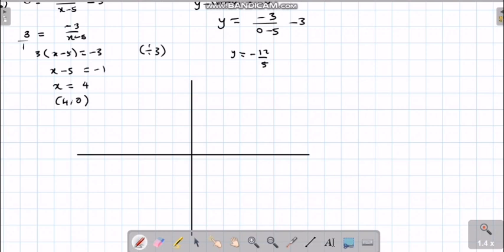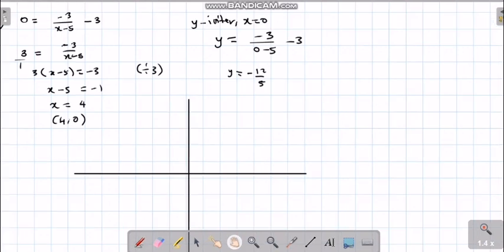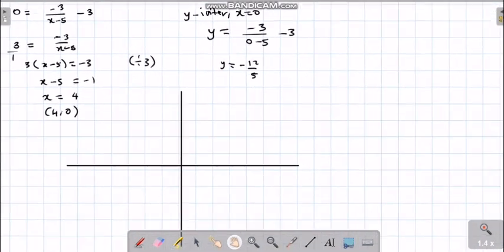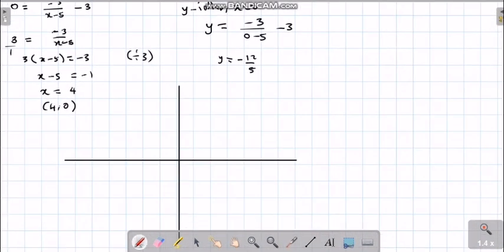So we have our asymptotes. Our asymptotes now: x is equal to 5 and y is equal to -3.